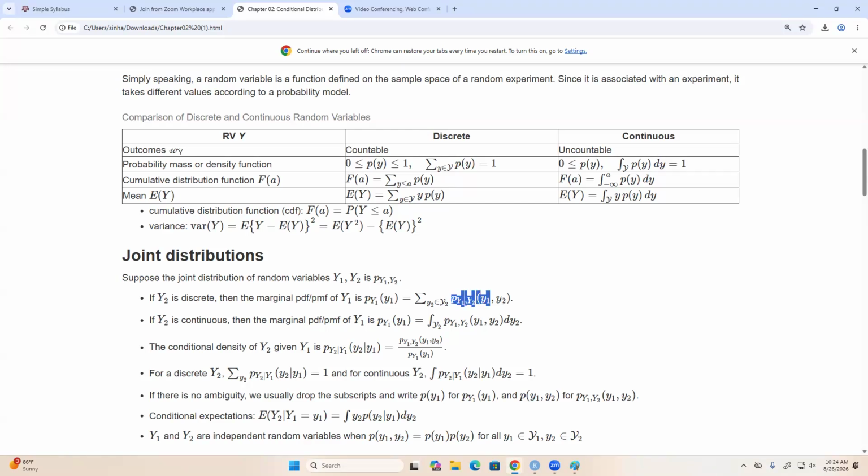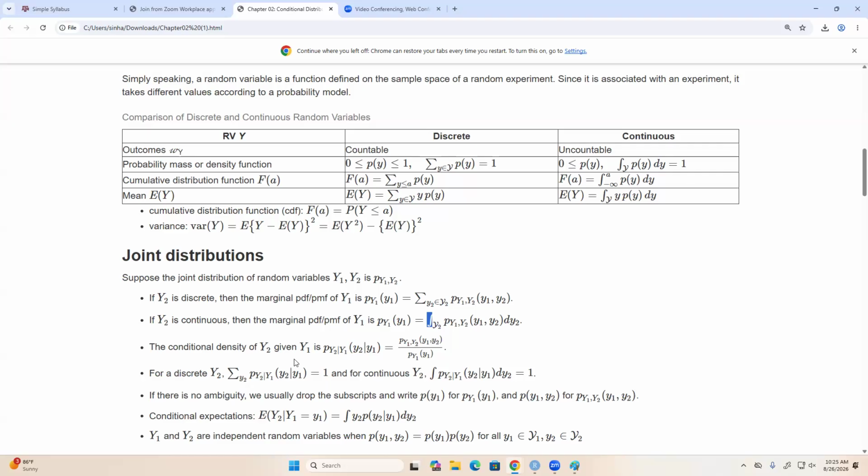This is the joint distribution of y1, y2, and I'm summing over all possible values of y2. This is the summation notation. If y2 is a continuous random variable, then we replace that summation by an integration.